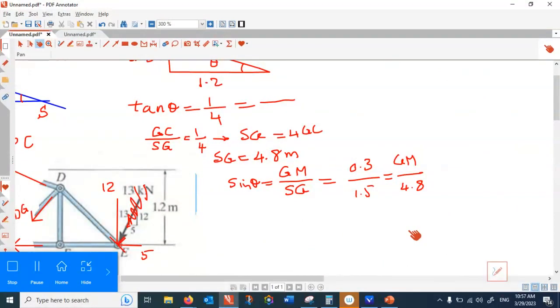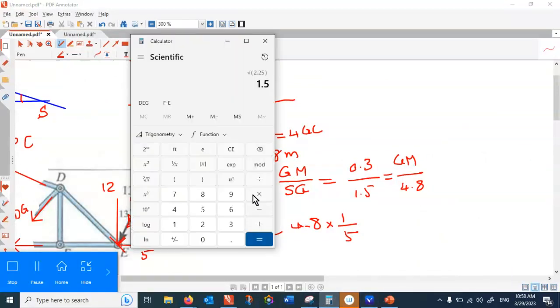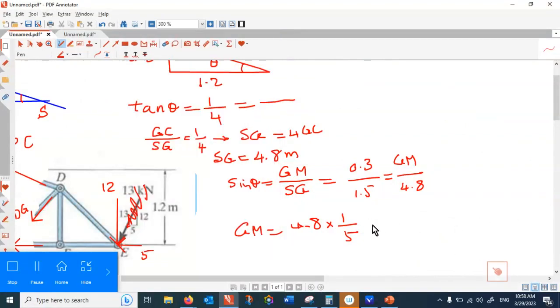Okay, GM is 4.8 times 0.3 over 1.5, that is 1 over 5. So that is 4.8 divided by 5. Okay, now we know that to be 0.96.